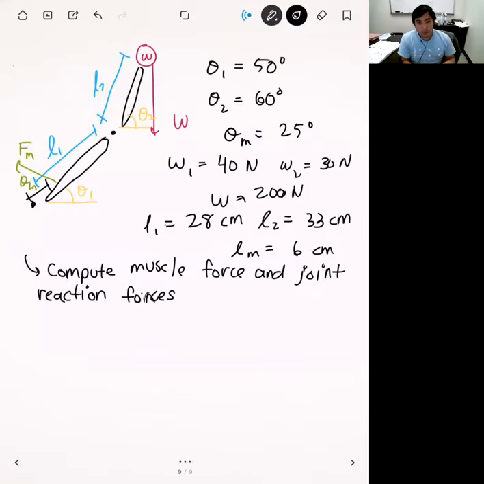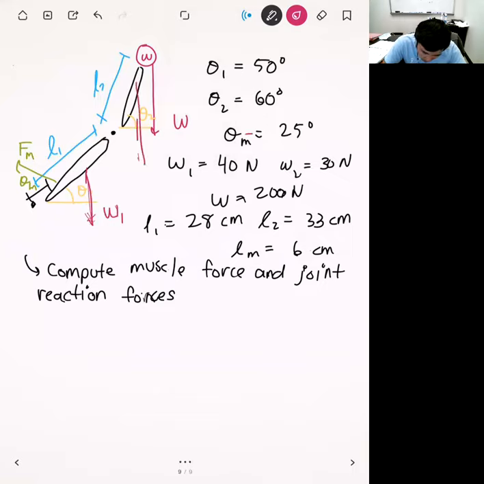All right, so let's start with the muscle force first. And so just like all the muscle forces, we're going to sum up the moments around the joint. Oh, I'm sorry, I forgot to put in the weight of the arms. And so we have the weight of the upper arm, and so this will be W1.